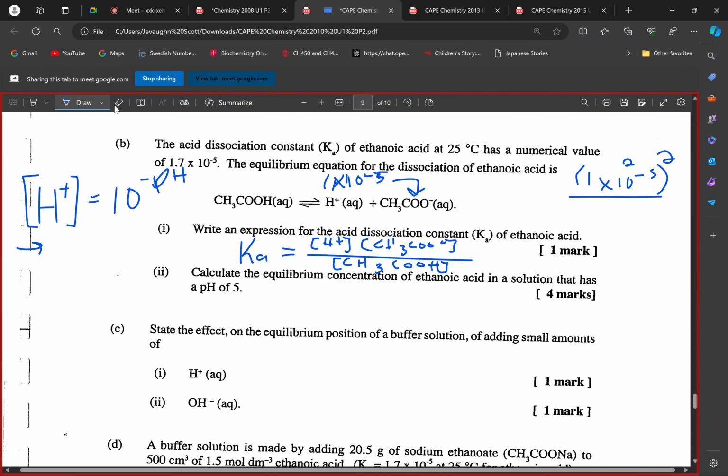We're going to divide that by the 1.7 times 10 to the negative 5 from up there, and that will give us our acid concentration, if we figure out how to transpose this. So when we transpose, it's supposed to get x, right?